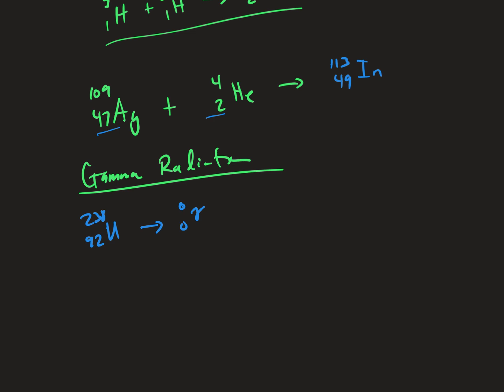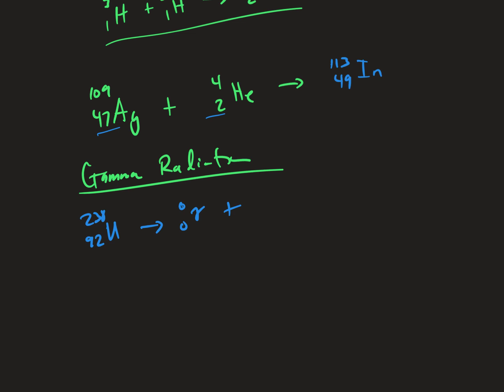What are we left with? Uranium. Nothing happens, right? So does this happen by itself? No, it doesn't, because it doesn't make it more stable, right? So it doesn't really change anything.